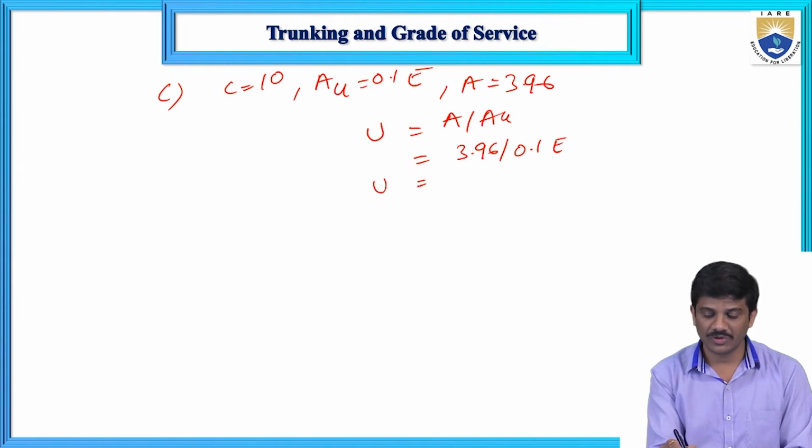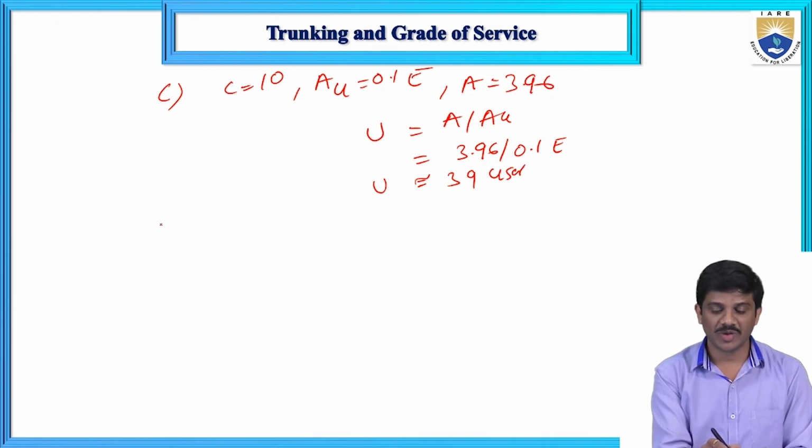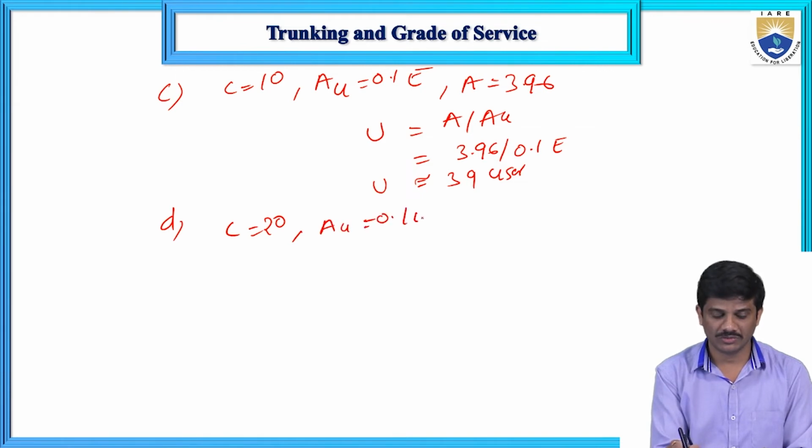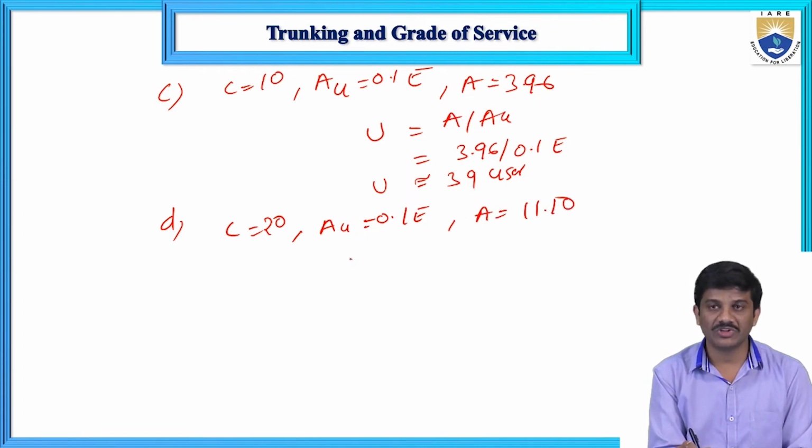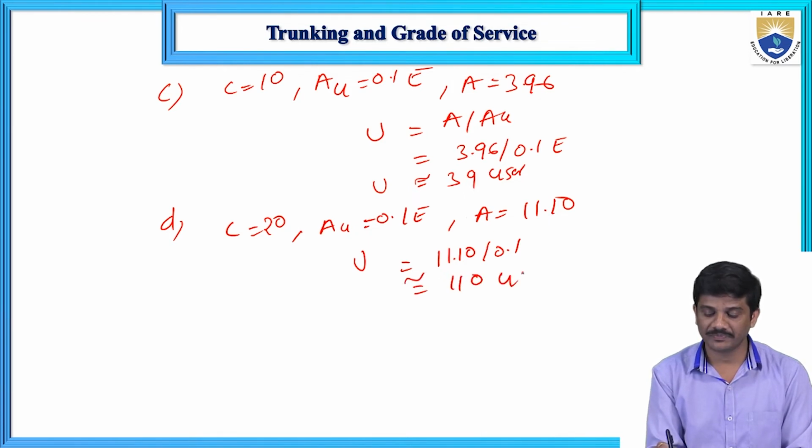U is approximately 39 users. Coming to D, C equal to 20, AU equal to 0.1 Erlangs, A equal to 11.10. Then U equal to A by AU, that is 11.10 by 0.1 Erlangs, approximately 110 users.